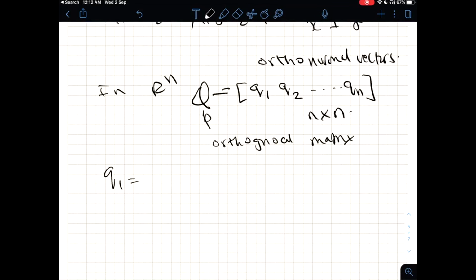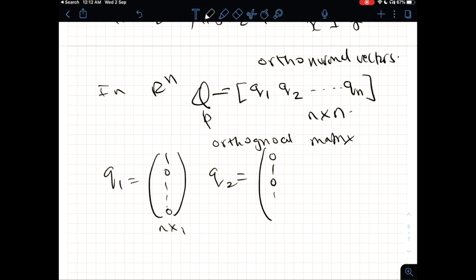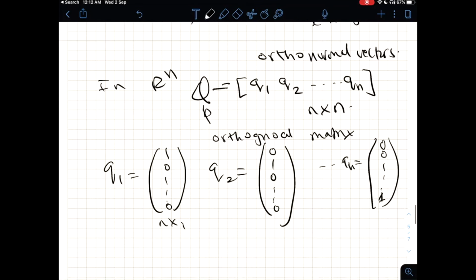So I'll give you a very simple example. Let Q1 be an n cross 1 vector, the first column of the identity matrix, Q2 be the second column of the identity matrix, and Qn be the last column of the identity matrix.